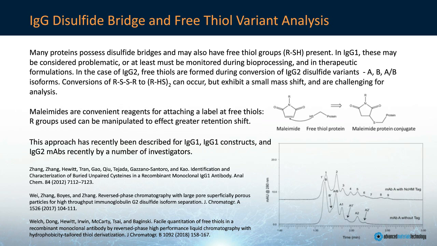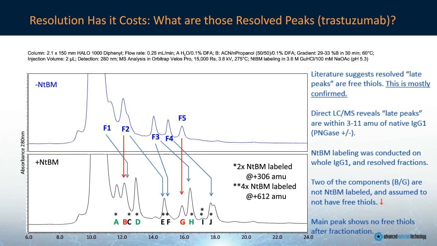Maleimides are one convenient reagent for attaching a label to the free thiols in order to enhance the separation, in the effort of understanding what these variants are. This approach was described recently, and we employed it to analyze the IgG2 using this labeling method.